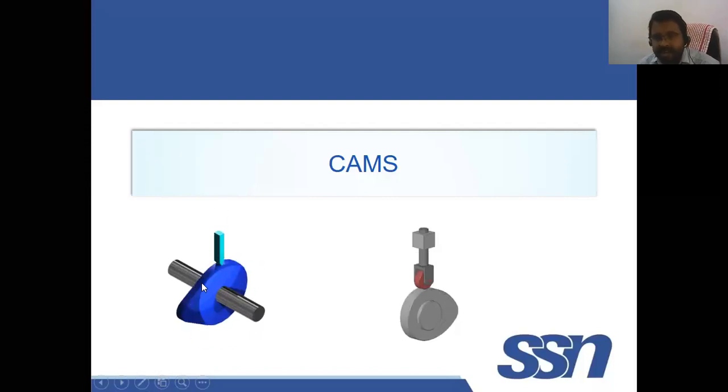We call the surface from where the motion is transmitted a cam, and the surface to which it is transmitted we call a follower. Can you see two types of motion over here? So this blue one is a cam, and this is a follower.